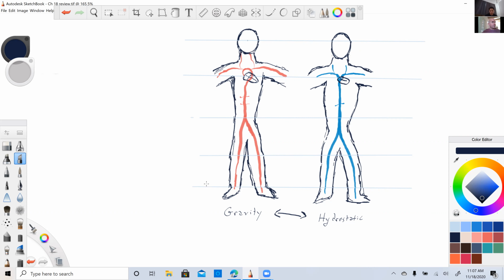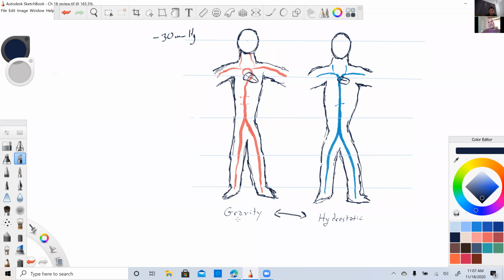Now you stand up, though, and it's a little bit different. Everything's measured from the level of the heart, and so you actually have a negative pressure of about 30. We've got to remember, this is hydrostatic alone.